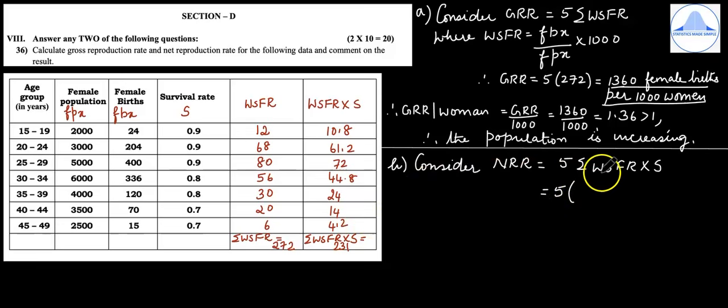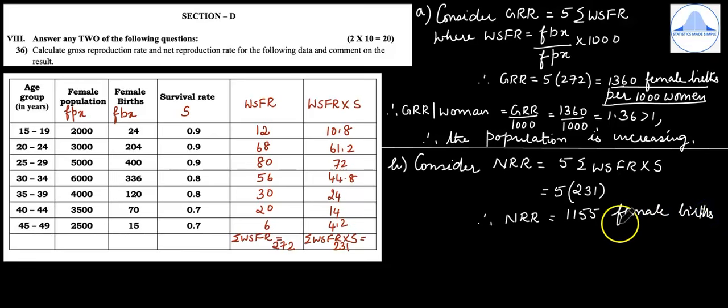From the table, summation WSFR into S is 231. Therefore NRR is equal to 1155 female births per 1000 women.